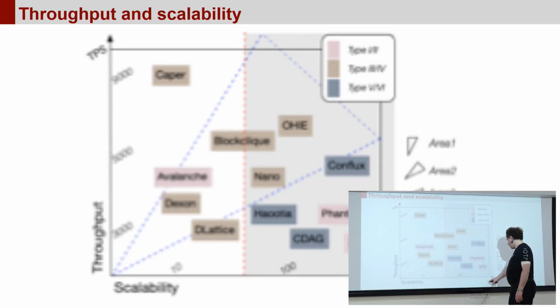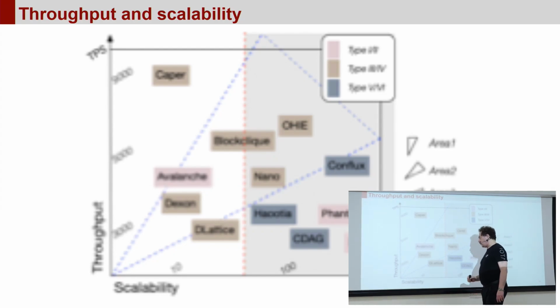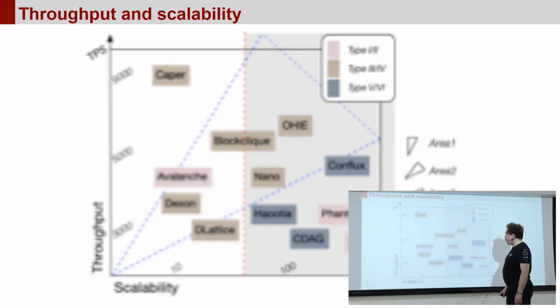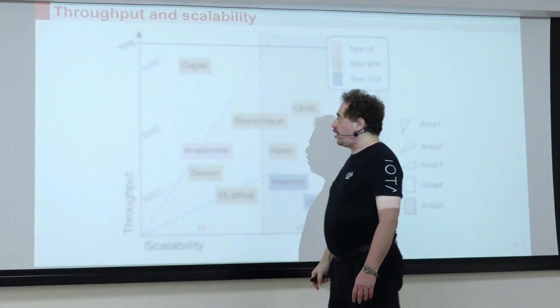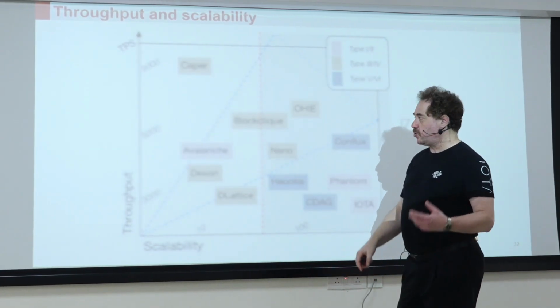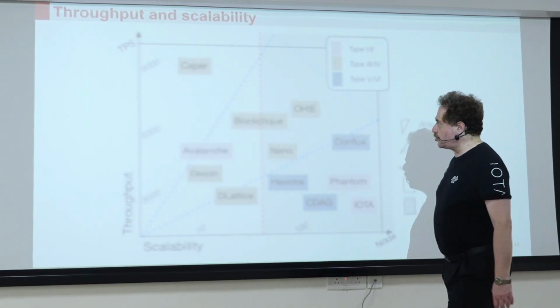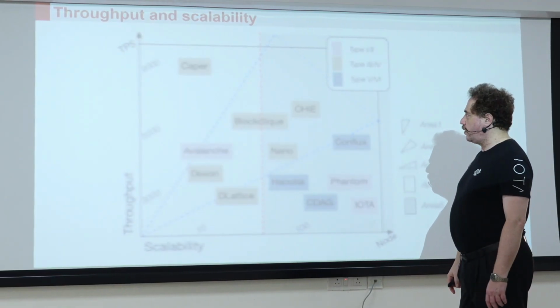IOTA can have many nodes, like Bitcoin, and its throughput is higher than that of Bitcoin, but not very significantly higher. And then what we have here, like Caper, is essentially a sharding system, so it doesn't reach convergence on the main chain.